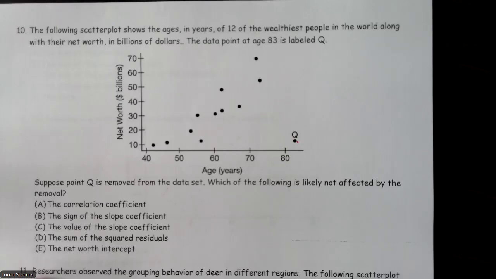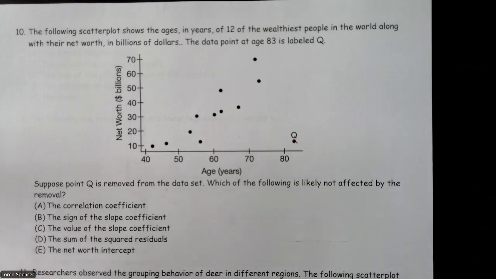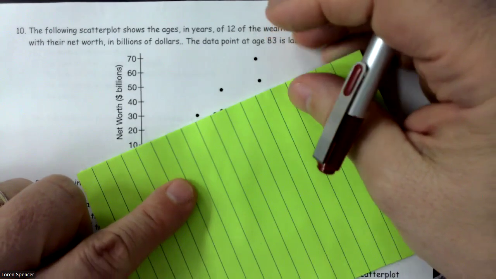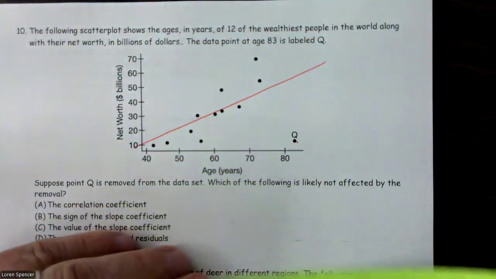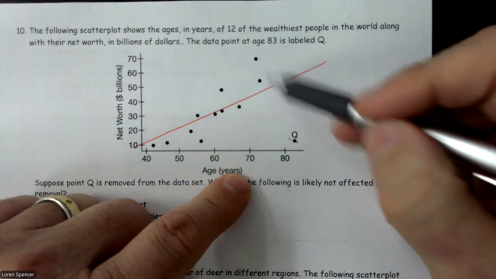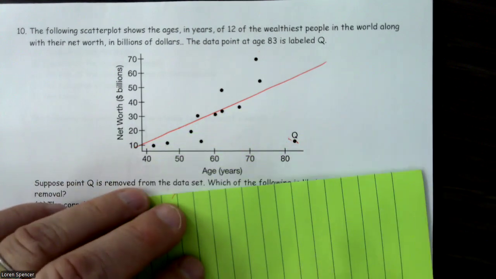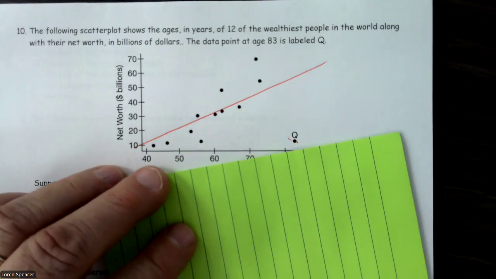So let's see what we think is going to happen. Right now, with Q being there, I'm thinking my regression line probably needs to look like this, because I have to balance Q out. Maybe it should be even a little bit lower. Actually, I'm going to redraw this.